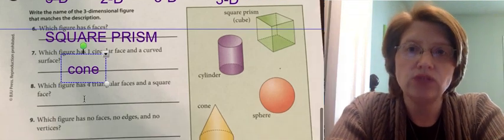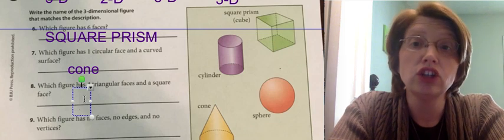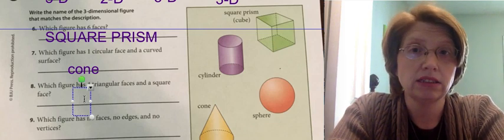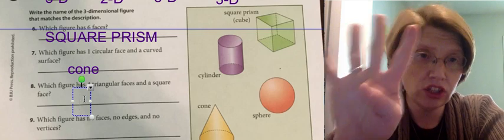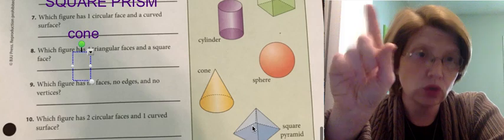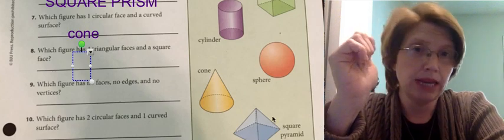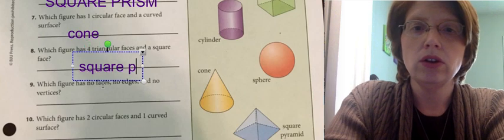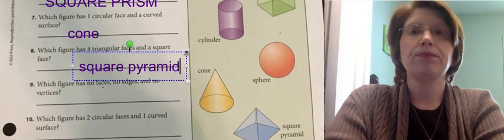Which figure has 4 triangular faces and a square face? Right here, the square pyramid, because it's made up of triangles, but it has a square on the bottom. So the square pyramid.